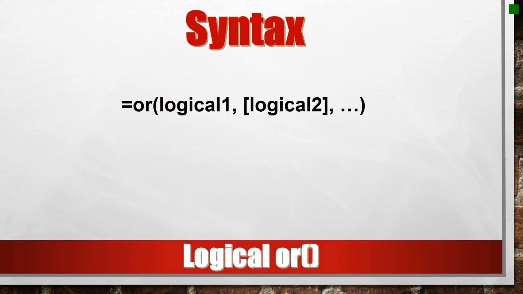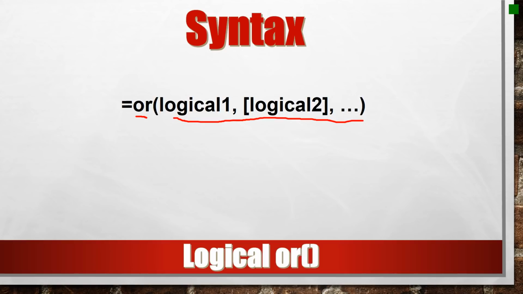So guys, now logical OR is exactly the same as logical AND. Instead of AND, we will write OR here, and we can pass as many arguments as we want. Arguments means logical tests here. You can ask any condition. Clear?